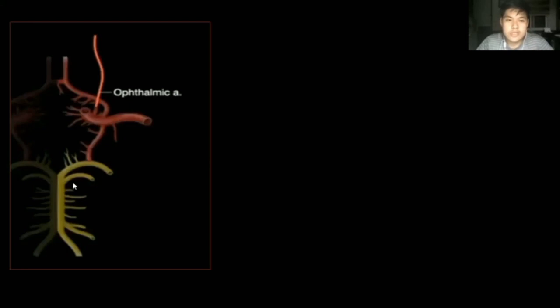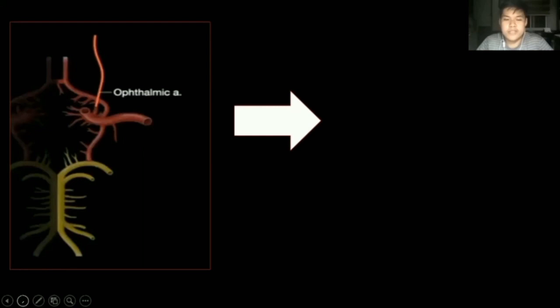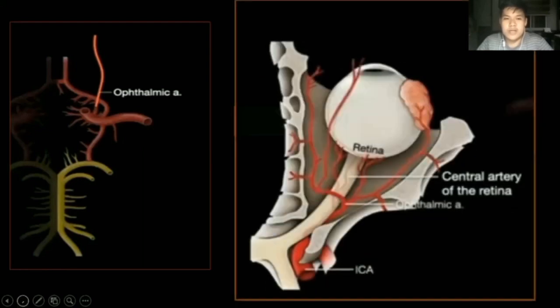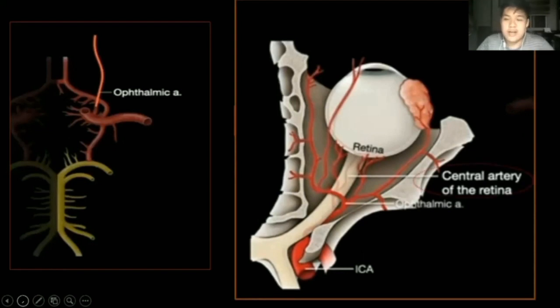So this is where the ophthalmic artery is located. A certain branch is also focused on here, which is the central artery of the retina.